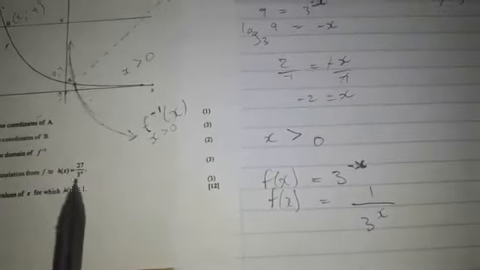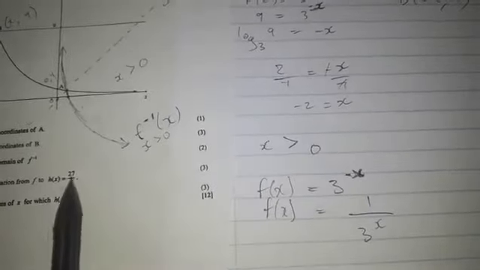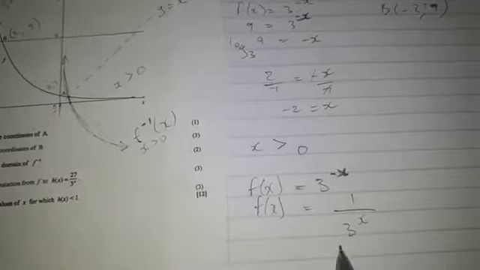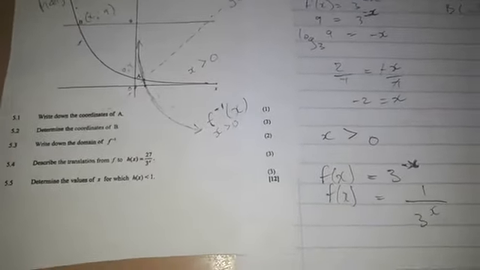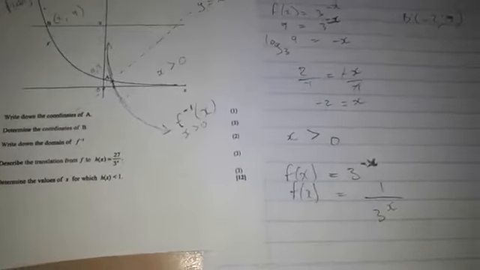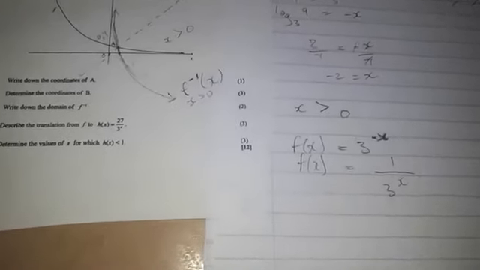So now when you're comparing these two, h of x and f of x, if they're going to ask you what is the transformation, describe the translation, they're basically asking what has happened to the graph of f for it to become the graph of h.